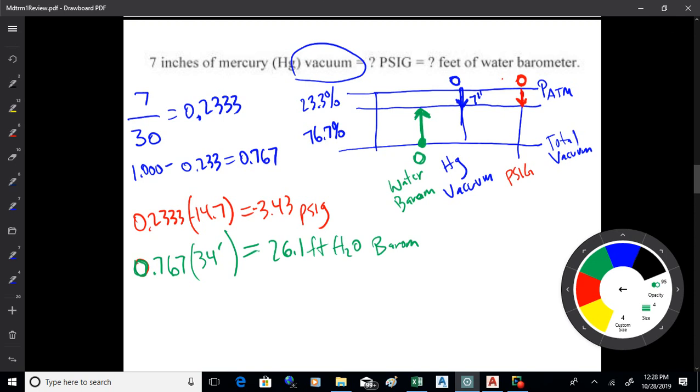So you want to look at that chart, draw a line about where your value is that you're given. That's the stuff in blue here. Then figure out what percentage of the total that represents. Once you know that, you can figure out any value that you need. Okay.